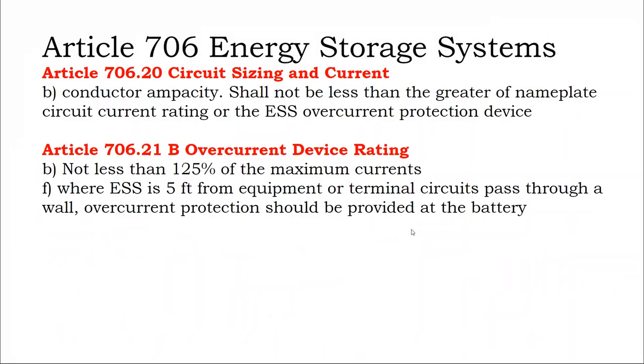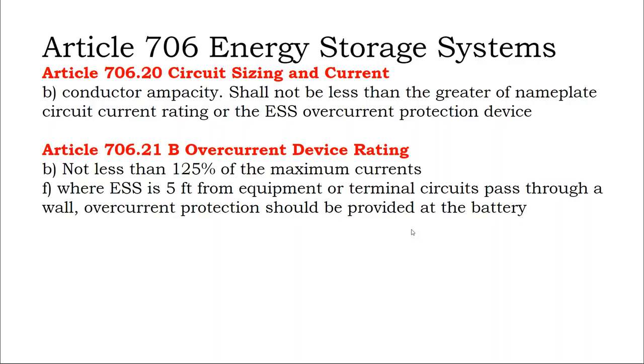Conductor ampacity should be not less than the greater of the nameplate circuit current rating or of the energy storage overcurrent protection device. So your battery conductors have to be sized to be at least the size of the fuse that's protecting that battery circuit.